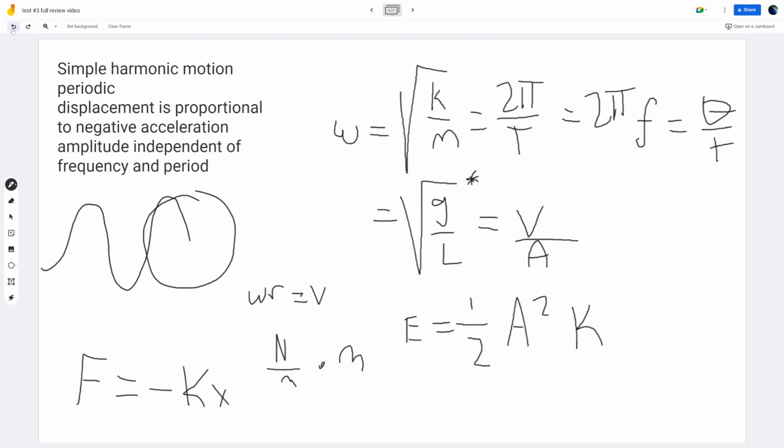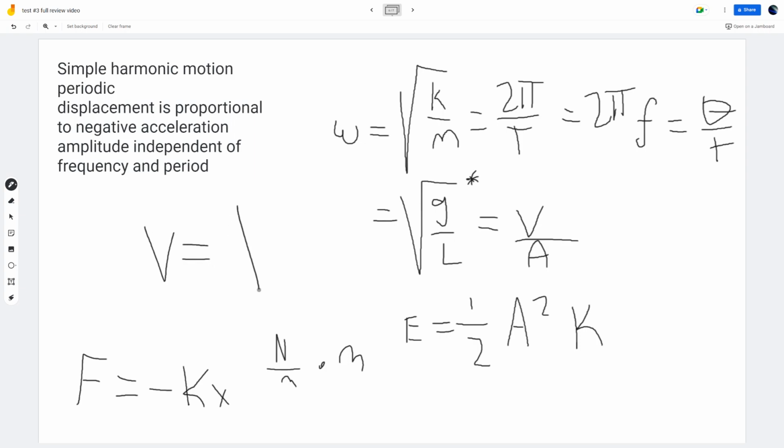So basically, we can say that relationship, and then we can also use the equation v equals square root of k over m times A, which was necessary for one of the problems in the sheet. I think it was like problem 17 or something. I don't know. I already made a video on it if you want to see that.